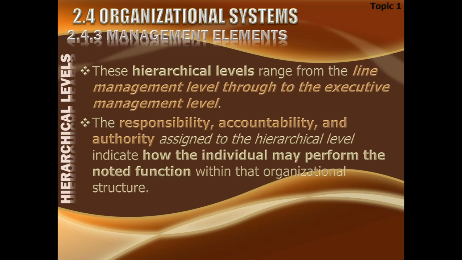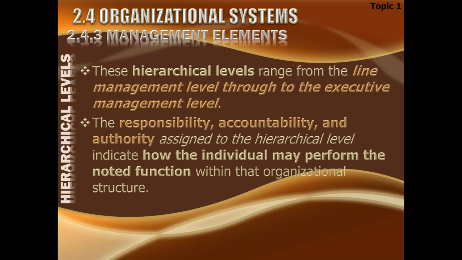These hierarchical levels range from the line management level through to the executive management level. If you look at the hierarchy of the organizational structure, the top level is the executive management level. The next level might be the management level, or you may define them. And the lowest level is the line management level. Line management level is actually dealing with the people.